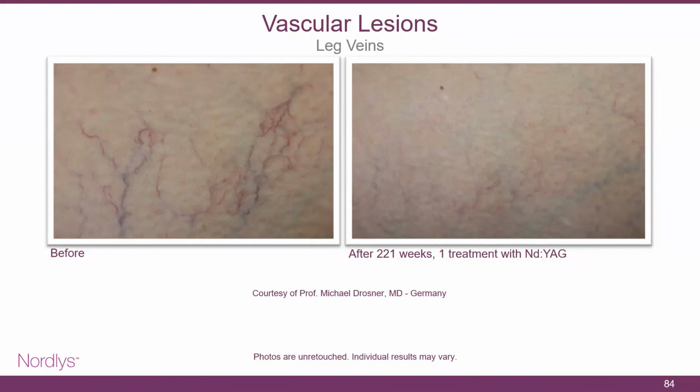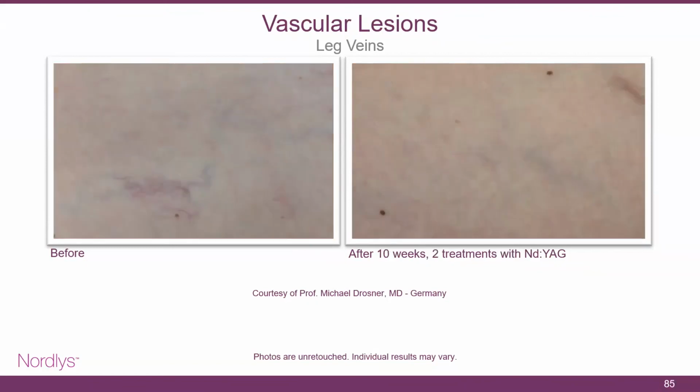So with your YAG, you'll be able to treat the very small and the much larger vessels with one handpiece, and just obviously changing your pulse durations and fluencies accordingly. This was 2 treatments, but as you can see, pretty much completely cleared.